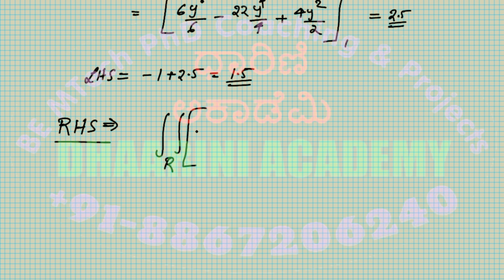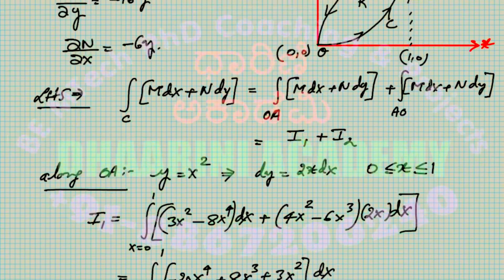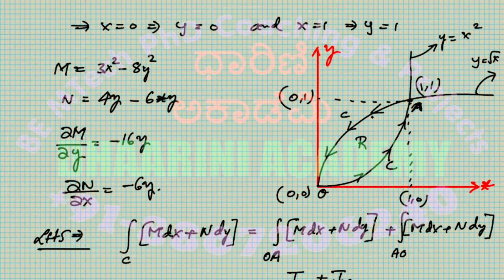Look at the right hand side, dou N by dou x minus dou M by dou y. It's not M and N as they are, okay? Then you decide what to put, dx or dy first, right? So you just go back to the diagram and decide which one to take, right? Normally we prefer the vertical strip, right? So the bottom of the strip moves along the x-axis, that is 0 to 1, correct?